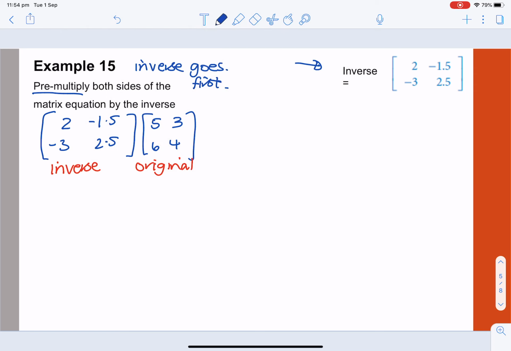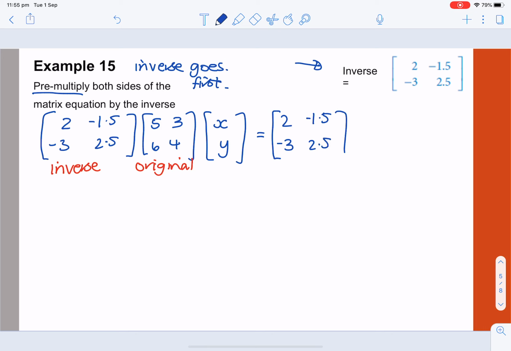And then we're going to multiply that by x and y. Now, I'm not changing anything, okay? I'm going to put my 2, negative a half, negative 3, 2.5, and 13, 16. That's the only thing that I've changed.